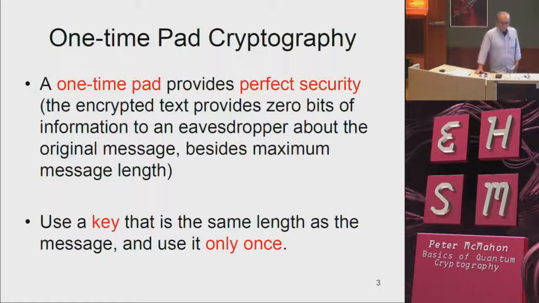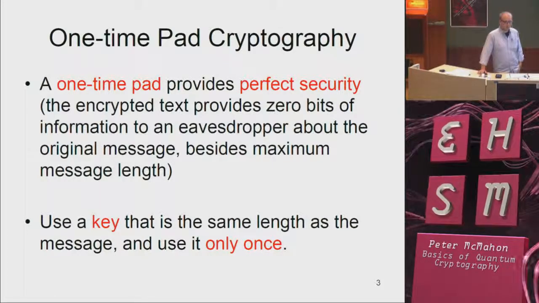So first of all, I'll talk a little bit about some classical cryptography. There's this idea in classical cryptography, I think maybe originating in the late 1800s, that a so-called one-time pad will provide perfect security.